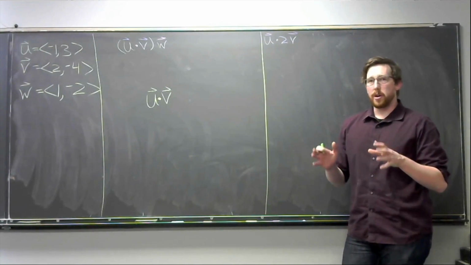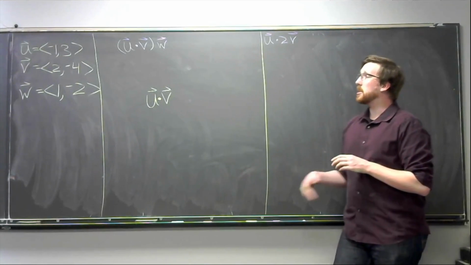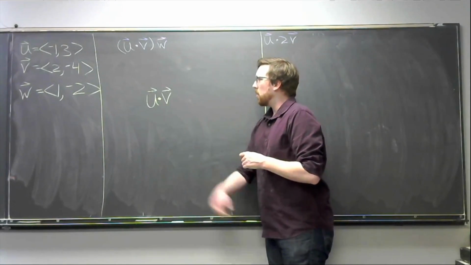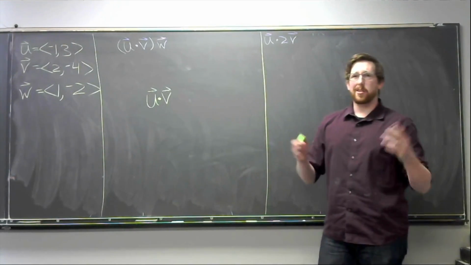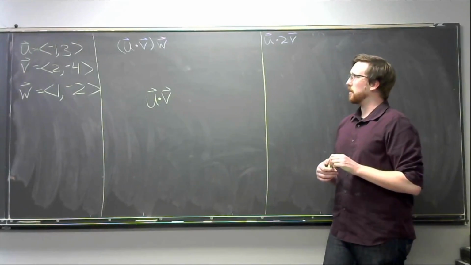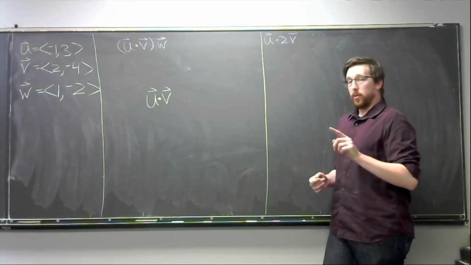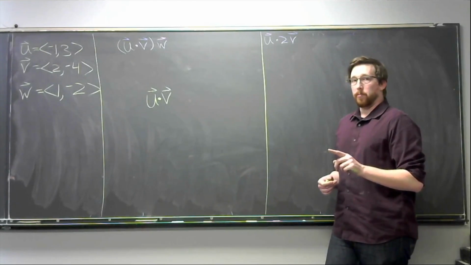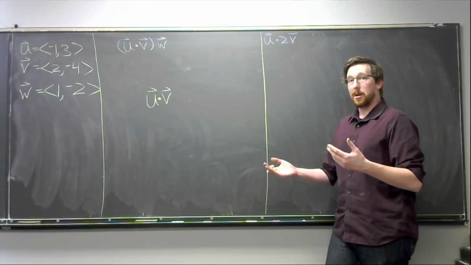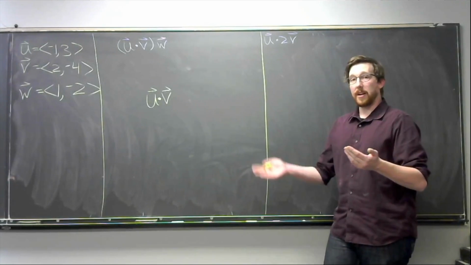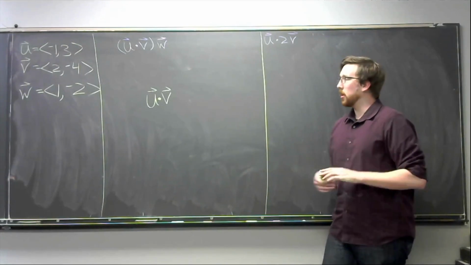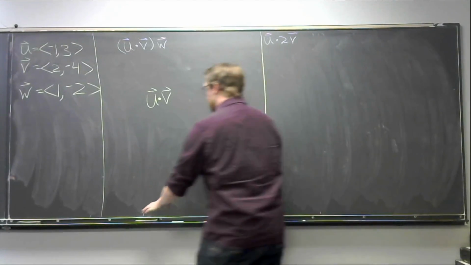And this is why I wanted to point this out, because otherwise we might be tempted to say, well, u dot v is a vector and a vector times a vector. No. U dot v is a scalar. A scalar times a vector is possible, but a vector times a vector is not possible. So having made that distinction, let's look at this problem.